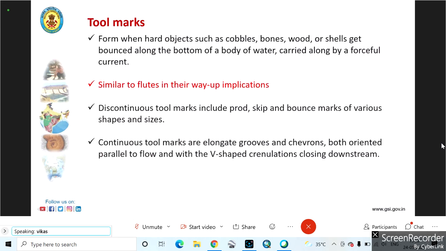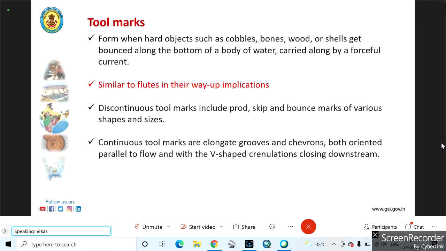Similarly, tool marks are also there, which are formed by hard objects, say cobble, bone, any hard object. If it hits the surface, some marks will develop on the surface of the sediments. That's why they're called tools.